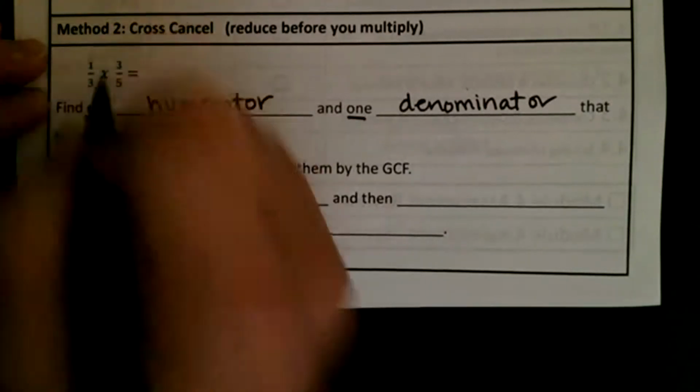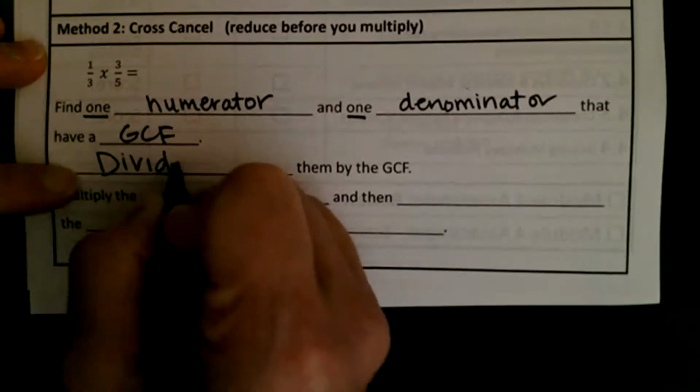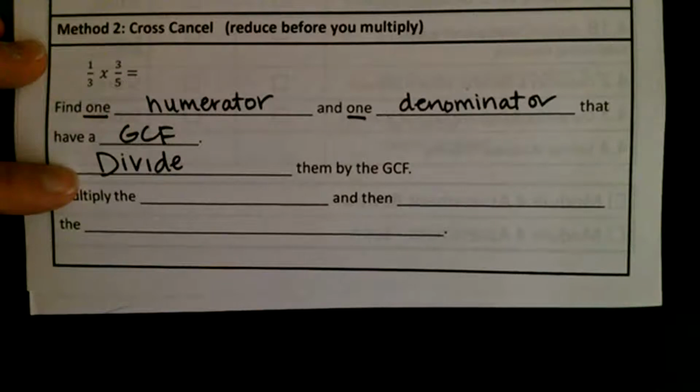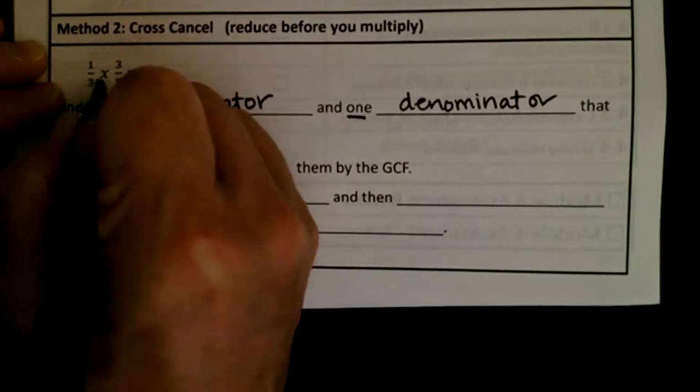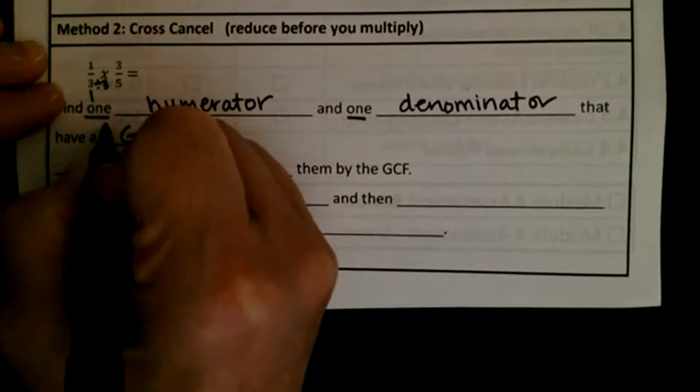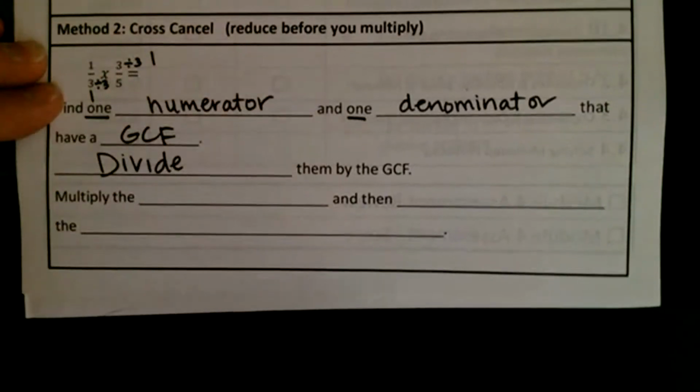So I can divide, right? I can now divide the one numerator and the one denominator by their greatest common factor before I multiply. So 3 divided by 3 is 1. 3 divided by 3 is 1.